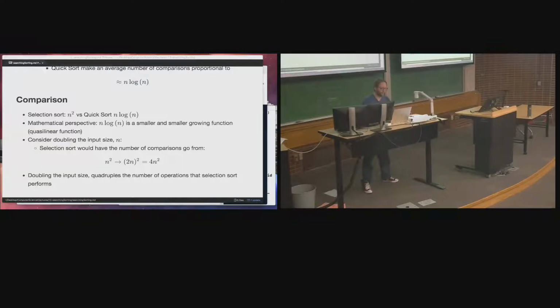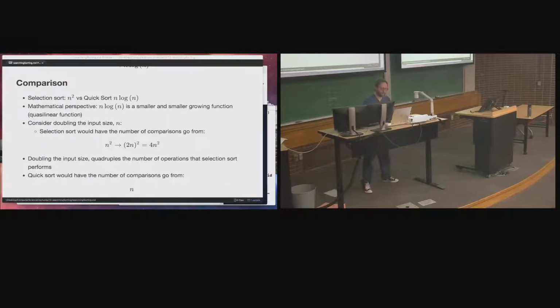Now consider Quicksort, where the number of comparisons goes from n log n to what? I'll double the input size, so that will be 2n on the outside and 2n on the inside. Now I'm going to ask you about log identities.